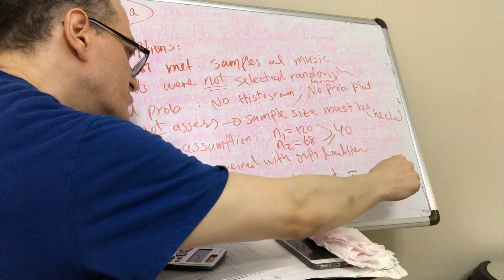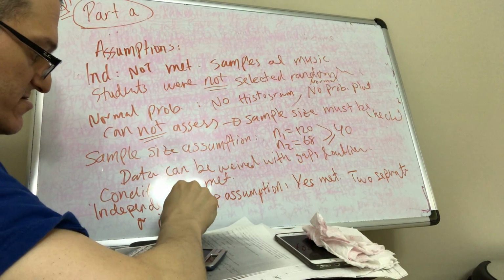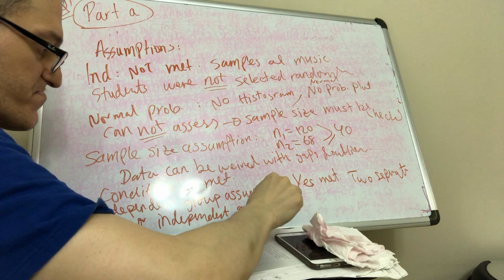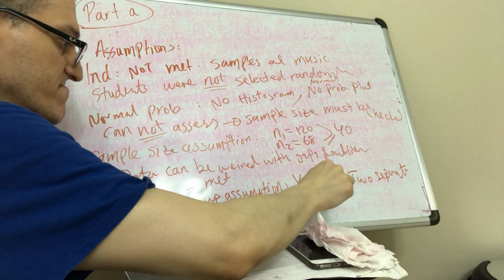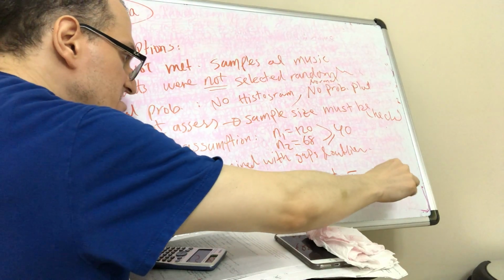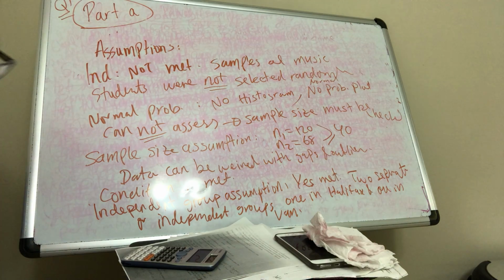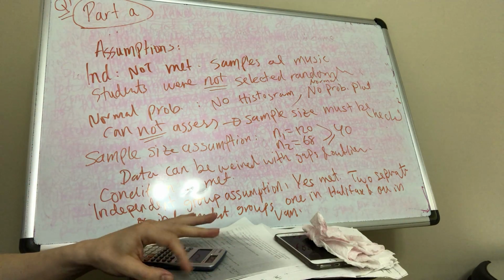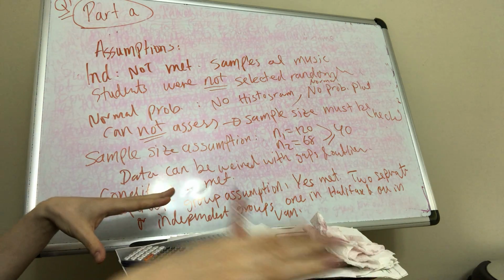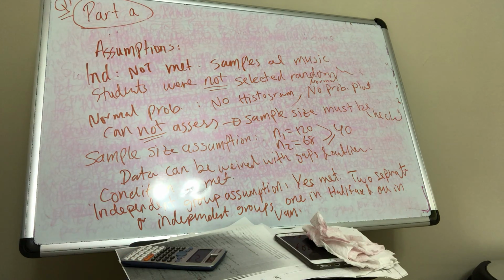Two separate or independent groups, one in Halifax and one in Vancouver. So obviously they're separate. One in one city, one in another city, so they're totally separate. So this condition of having independent groups is satisfied.